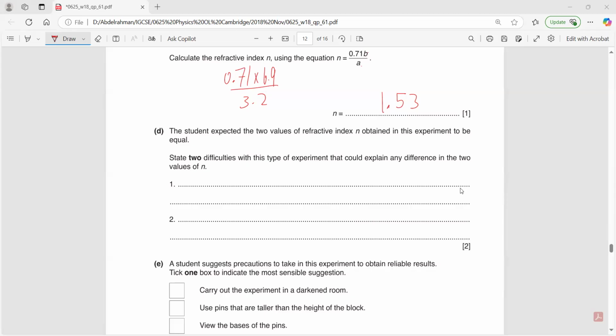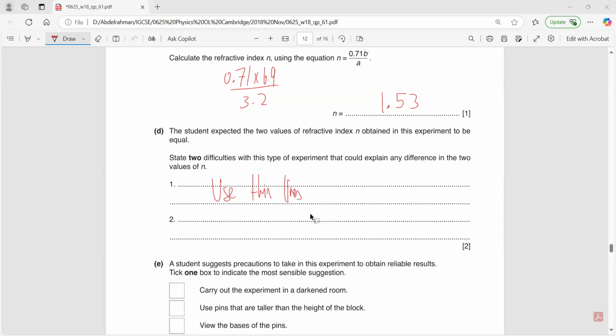I'm always saying you use thin lines. You make sure that your pencil is sharpened. Using thin lines was a difficulty. If you used thick lines, this is wrong. So you need to use thin lines. If you didn't use thin lines, this is one of the difficulties.